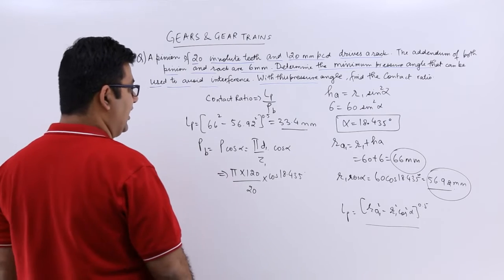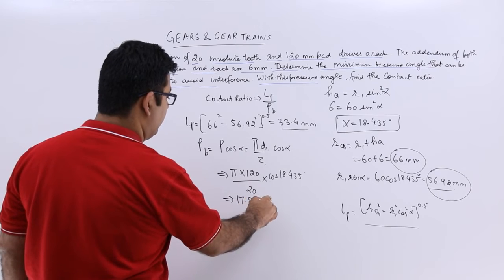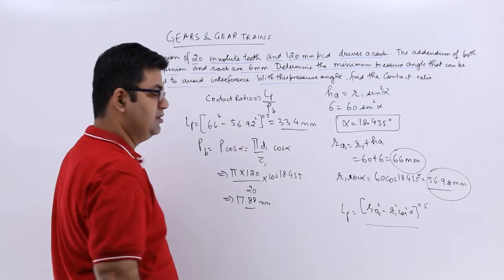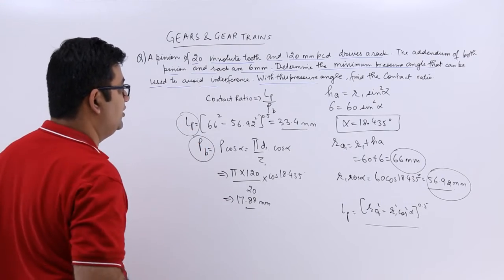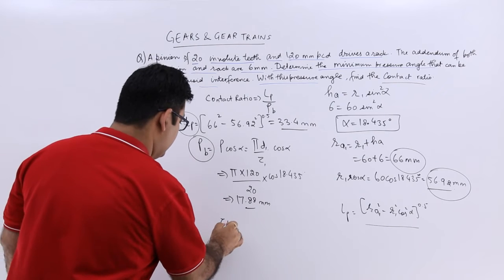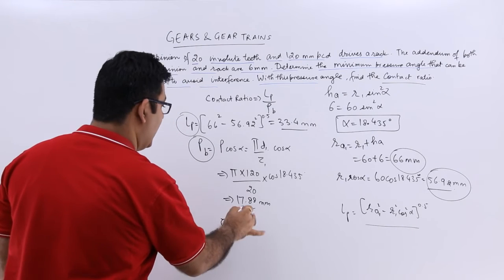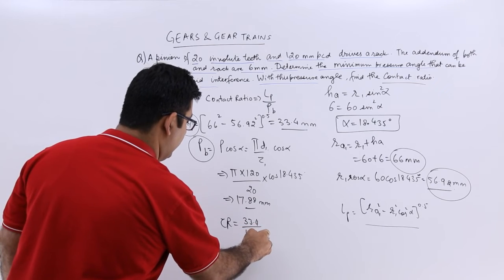When you calculate that, the base pitch comes out to be 17.88 millimeters. And with base pitch and LP known to us, we can find out the contact ratio. So your contact ratio is LP, which is 33.4 by 17.88.